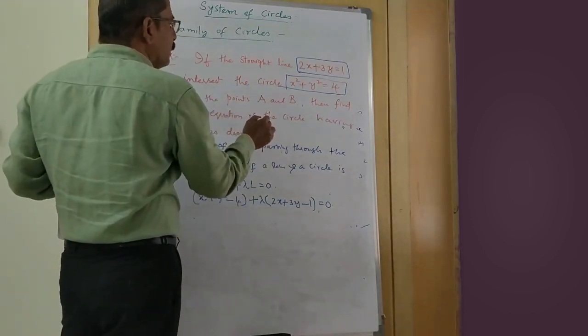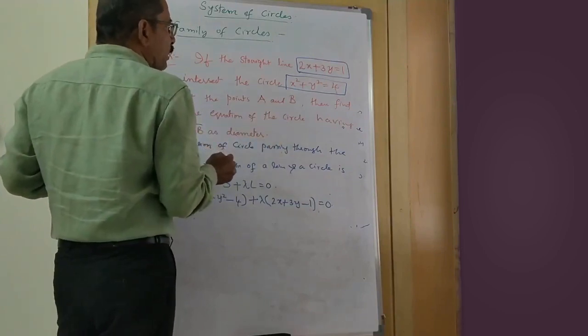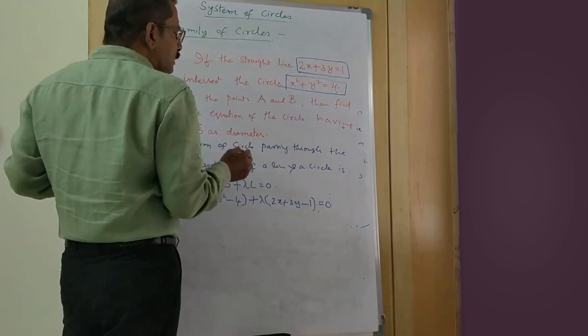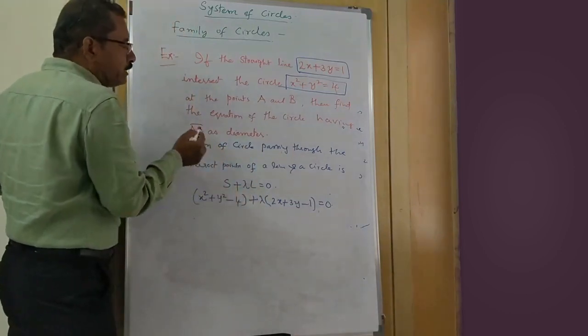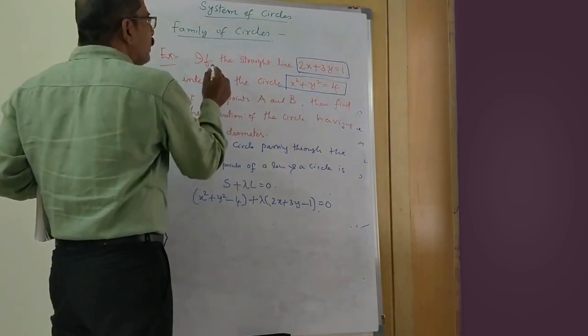Given that we need the equation of the circle having AB as diameter. AB as diameter means the center of this circle lies on the line AB. What is my line AB?